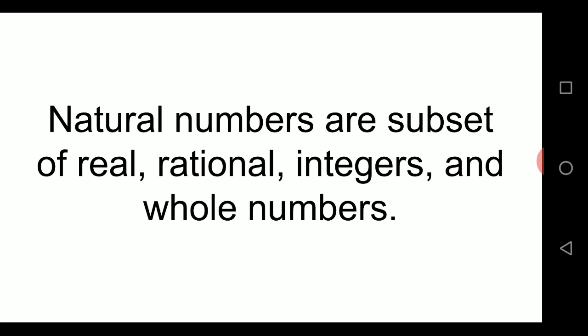Suppose you are given integers only, there's no other set given to you, then you can extract natural numbers from that too. And in case you are given whole numbers, then just omit the 0 and whatever remains is natural numbers for you. In other words, natural numbers are indeed a subset of the real, rational, integer, and whole numbers.